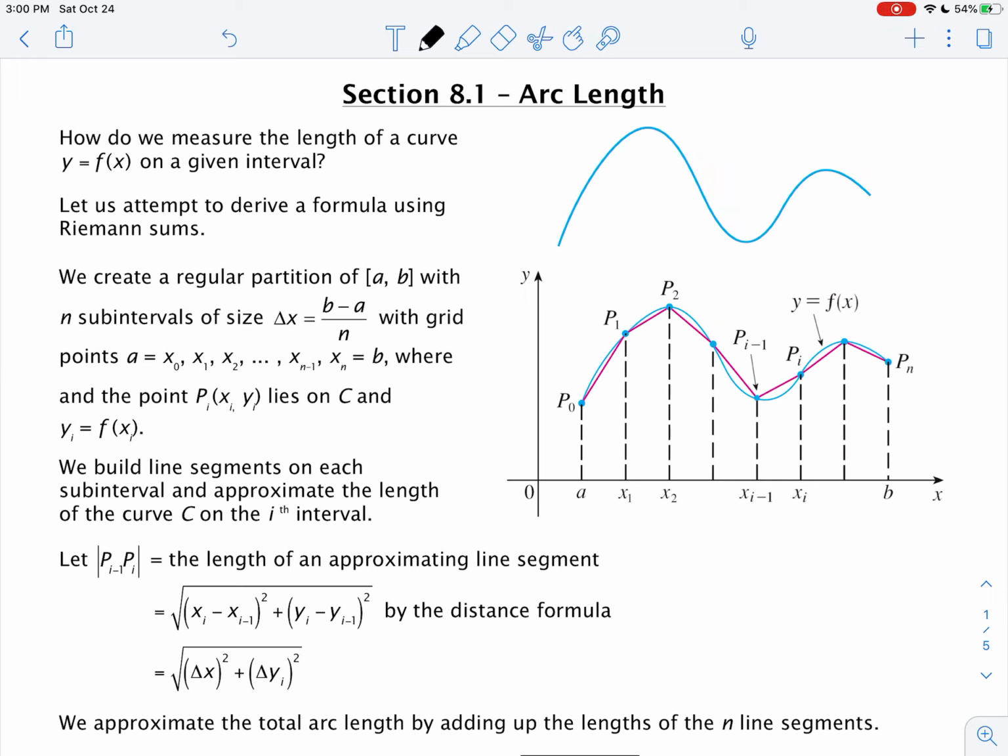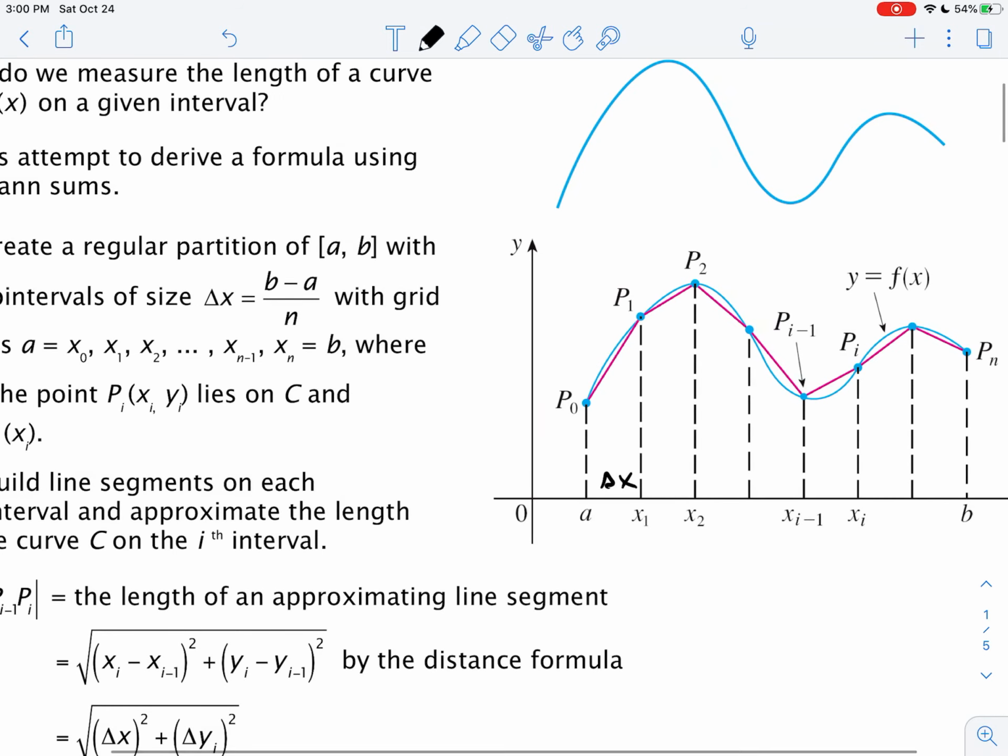And as usual, what do we do with the interval of a to b? We divide it into n equal partitions of delta x, and then we begin to approximate the length of the curve by calculating the distance between 2 points, the endpoints of that delta x interval, from a to a plus delta x, and then the next delta x.